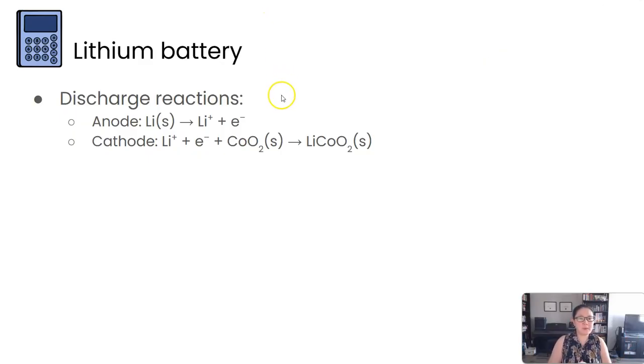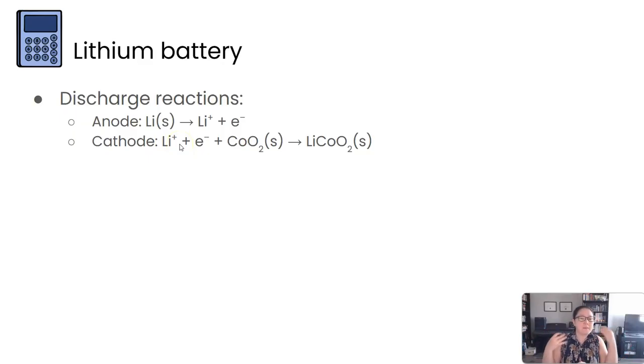Something you may notice is that we don't have any symbols for the state of the lithium ions. It can't be aqueous, because if you put water into these batteries, the lithium metal itself would react with the water, and you would be left with none of it to react.